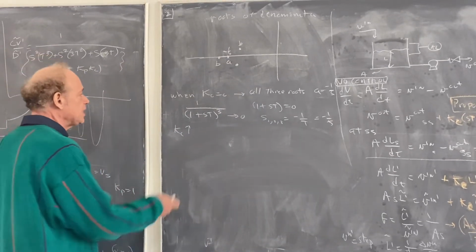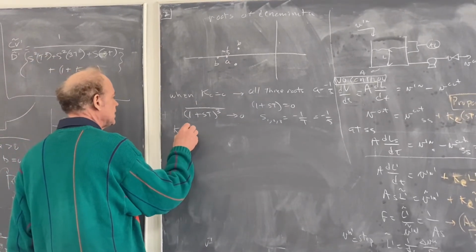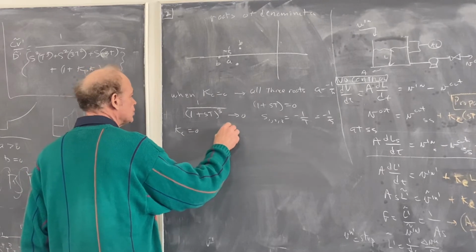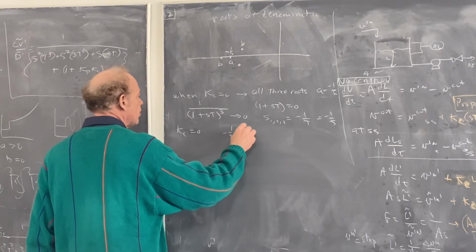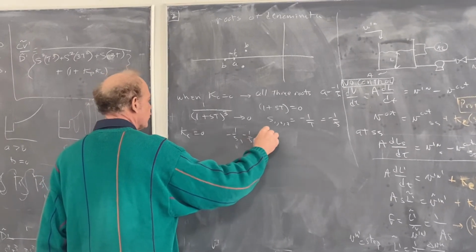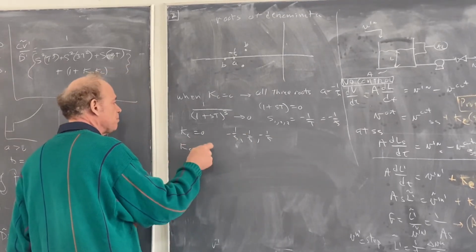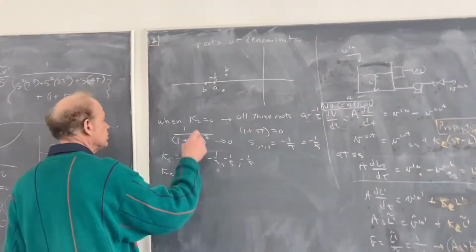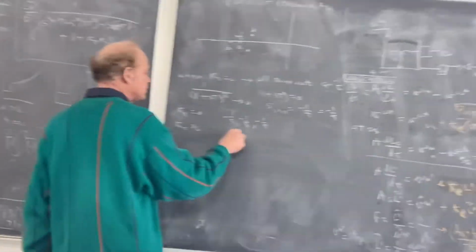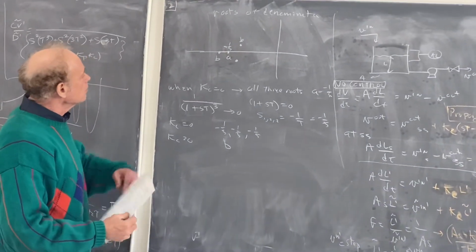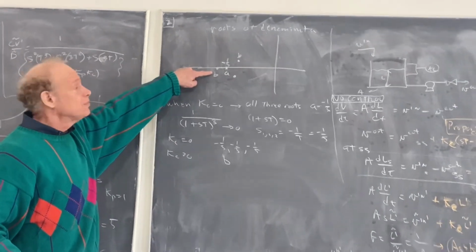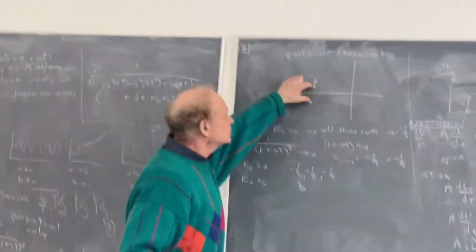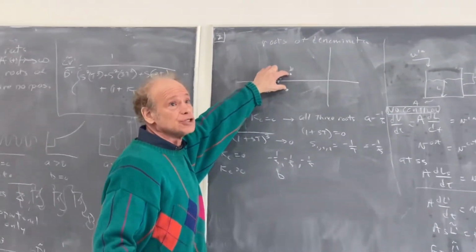When Kc is 0, all 3 roots are minus 1/5. When I take Kc a little bigger, greater than 0, one root stays real and negative, and it's more negative than a, but the 2 other roots split up and become complex conjugates of each other.